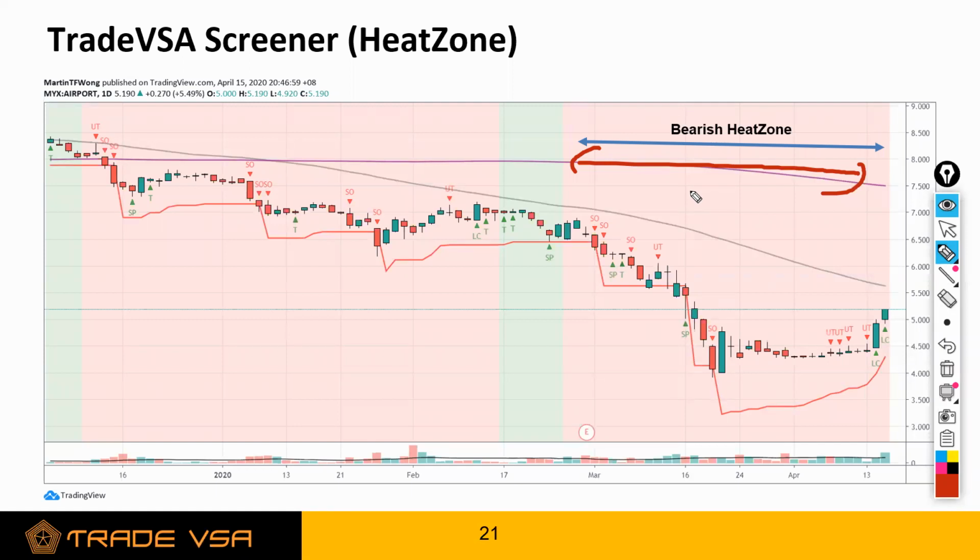So what I do is focus on something in green hit zone first rather than red hit zone, because I know red hit zone most of the time is still in long-term downtrend. So I only want to trade something that is at least in sideways accumulation or already in uptrend.